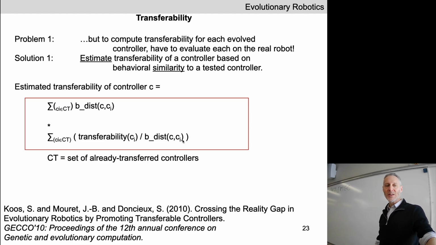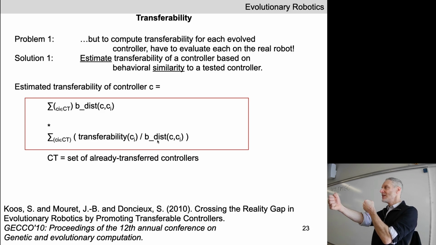We're going to sum all those up. Forget about this term for a moment. We're taking a weighted sum here. We're summing up all of these transferabilities, and we're dividing by CI's distance from C, the one that we're trying to estimate. Why? Why divide by the behavioral distance?